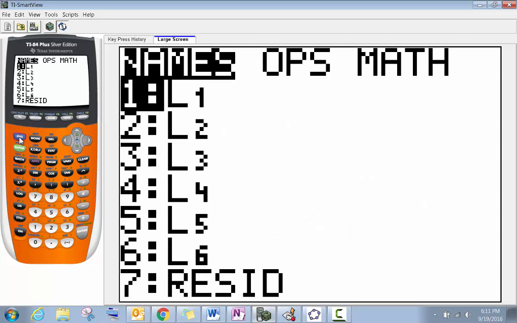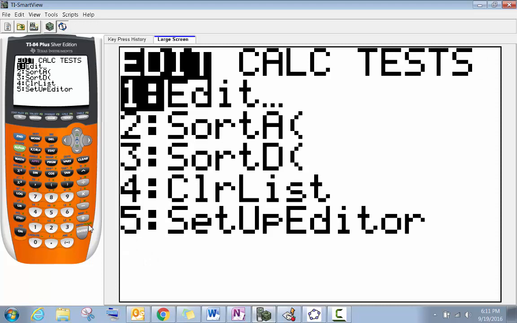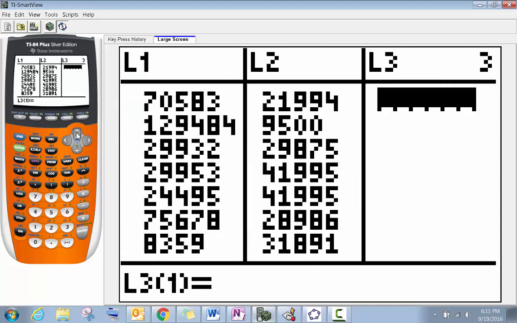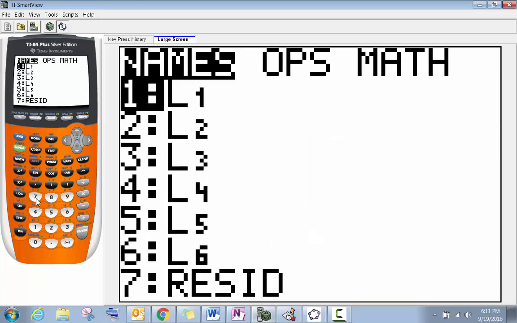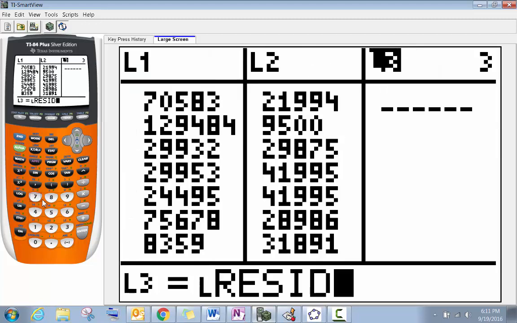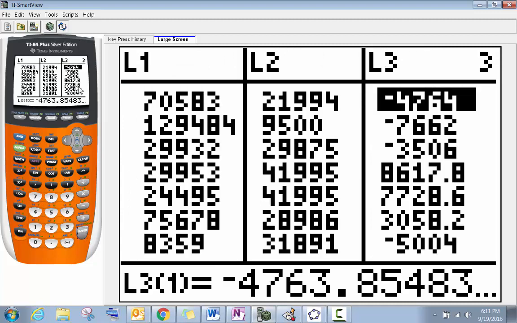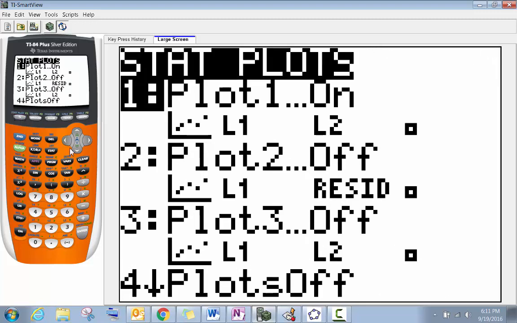So we'll go to Edit, and if you click up to where L3 is, and you hit second list, and you type in 7, or go down and click on it, and you put the residual where L3 is, it'll put all the residuals there, and it'll graph them. But you have to go to second, stat plot, and turn off our first plot.